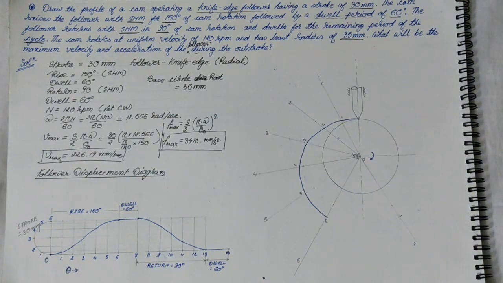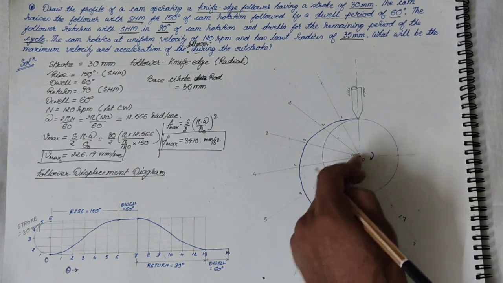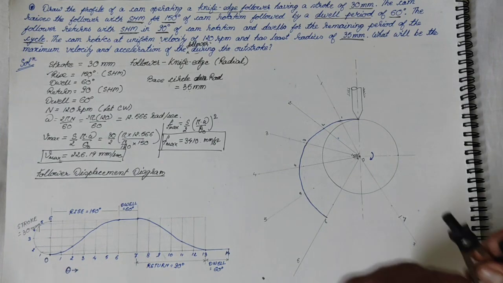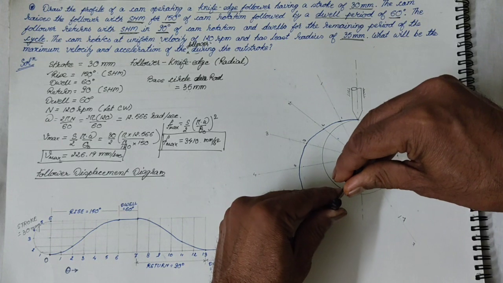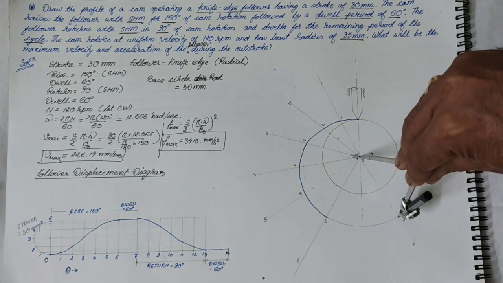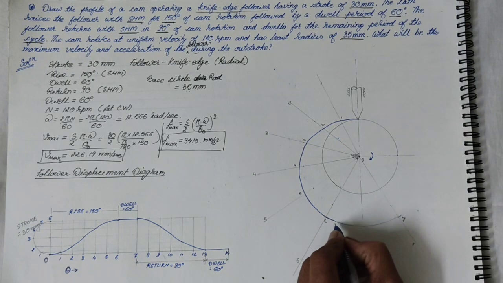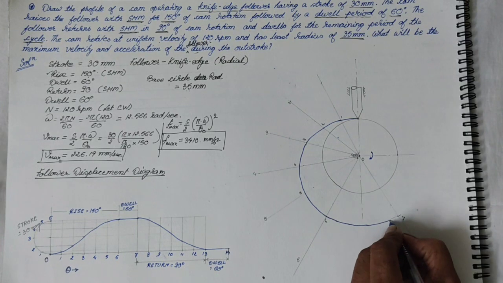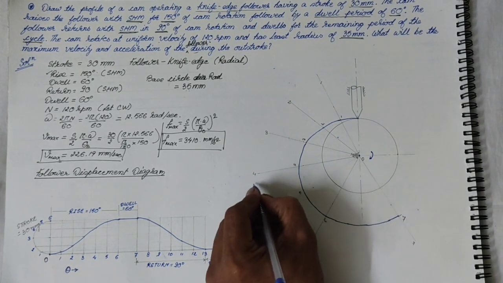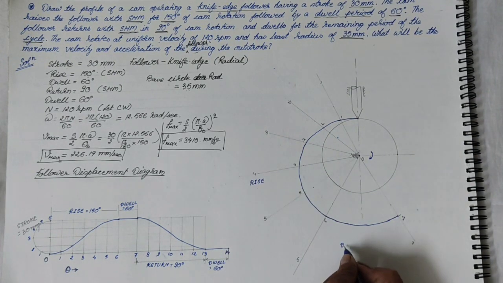So this is the 7th point, and the distance of the follower from the center of rotation is not going to change. So this is what a dwell is. With the center of rotation as center, from 6 to 7, we can simply draw a circular arc. So here this is the rise profile, this is the dwell profile.